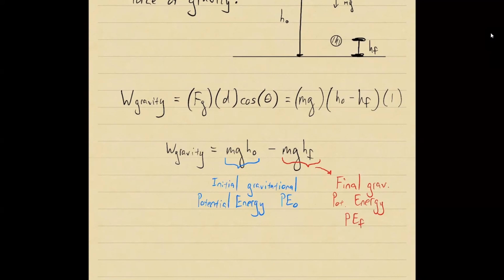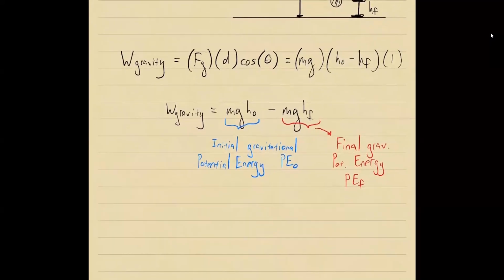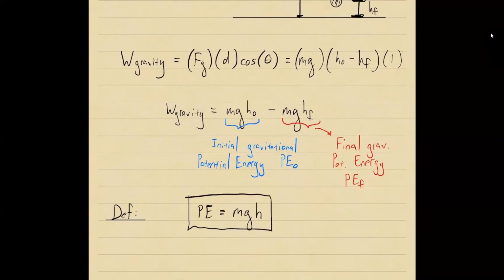So from this comes a definition. We're going to define the gravitational potential energy of an object to be equal to its mass times the acceleration due to gravity times its height above the surface of the ground. So this is our gravitational potential energy.